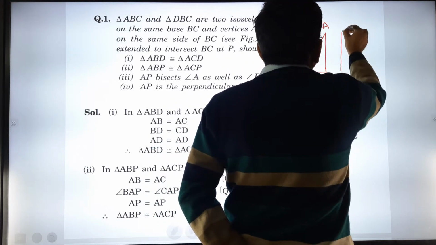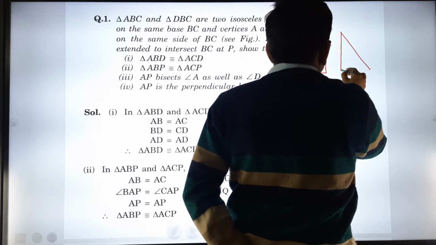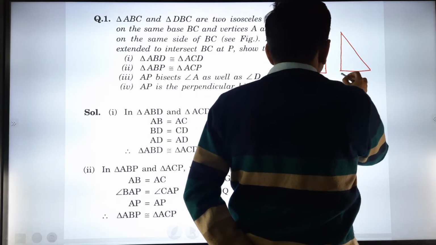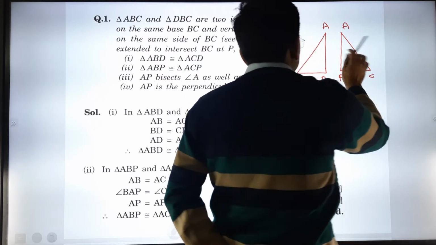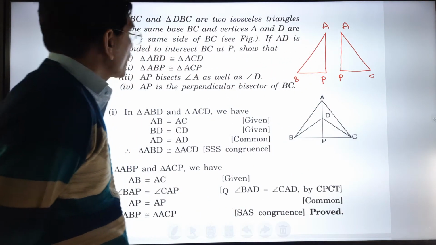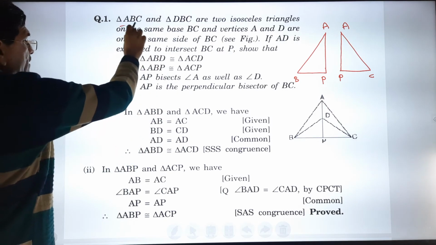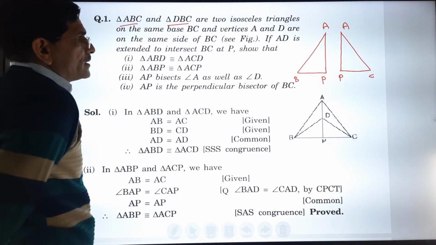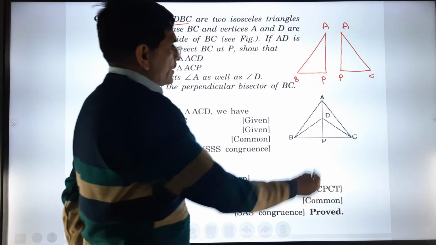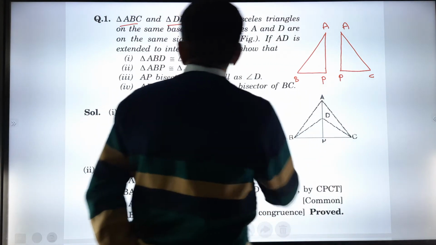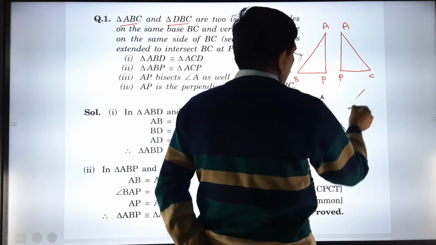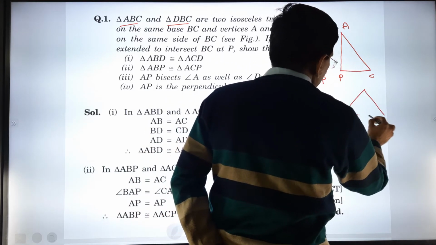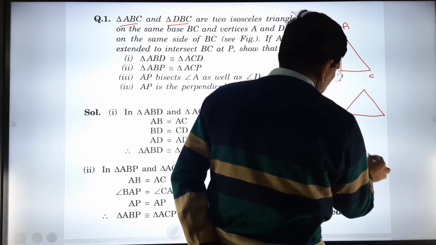Again A with C, with P. Here two triangles are there. Now triangle ABC and triangle DBC.